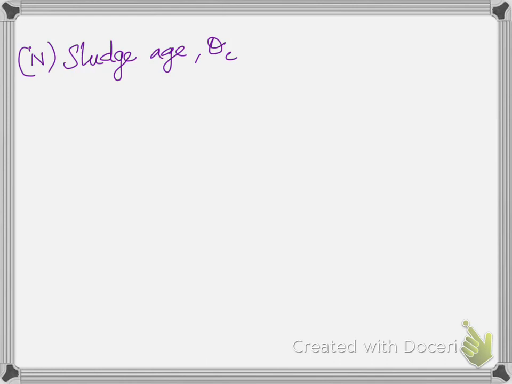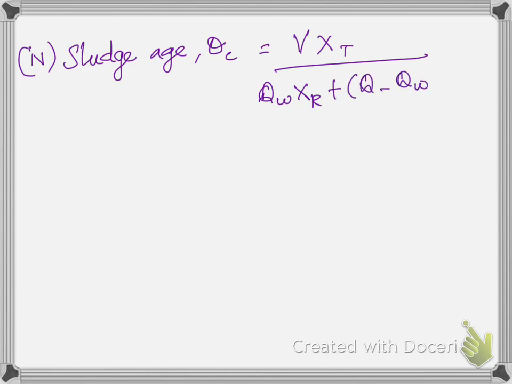The formula for the sludge age is given as V Xt divided by QW XR plus (Q minus QW) into XE. Simply, I can say it is the mass of suspended solids in the system divided by the mass of solids leaving the system per day.